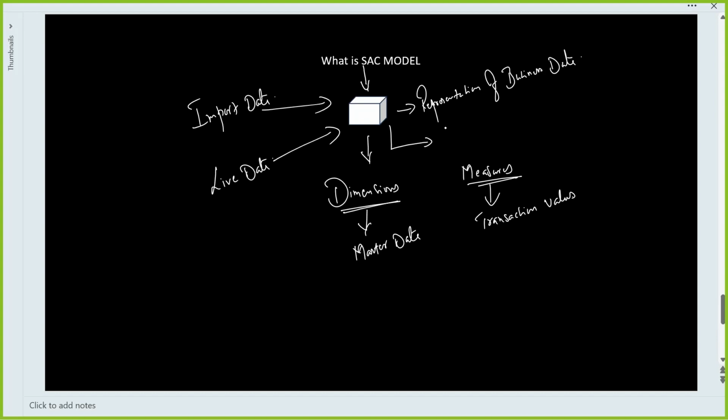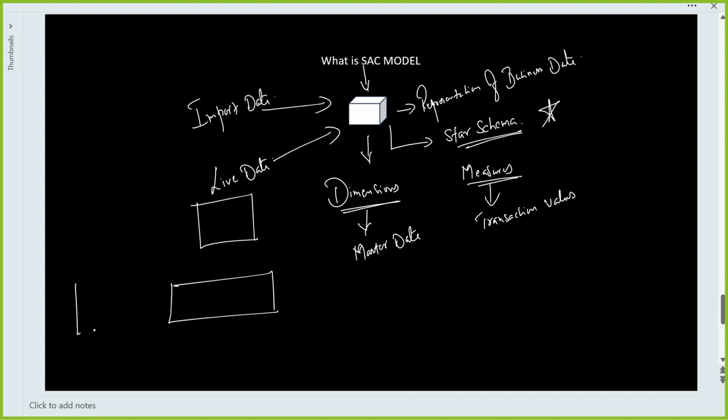The structure of SAC model is like a star schema. So star schema means the model looks like a star. Why do we call this a star schema? Because normally we have a transaction table and we'll have some dimension tables.